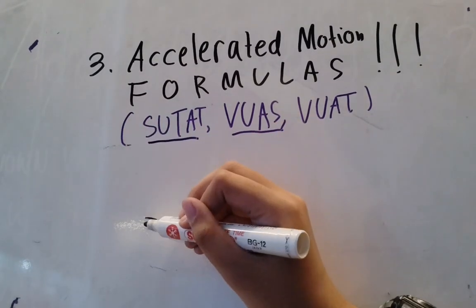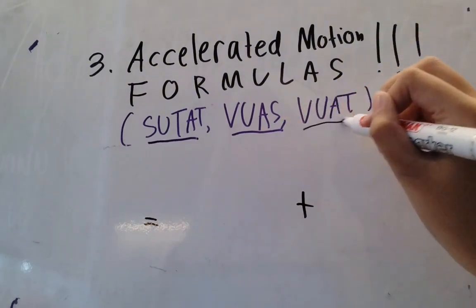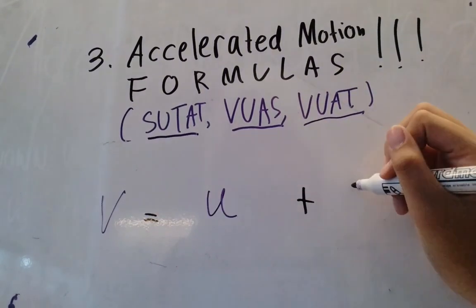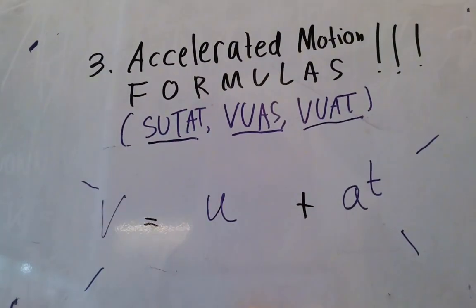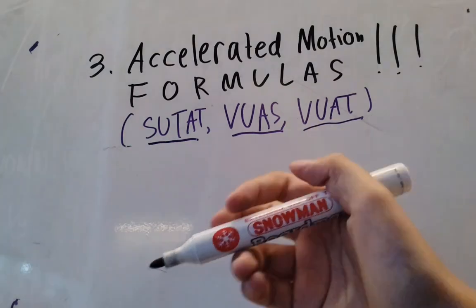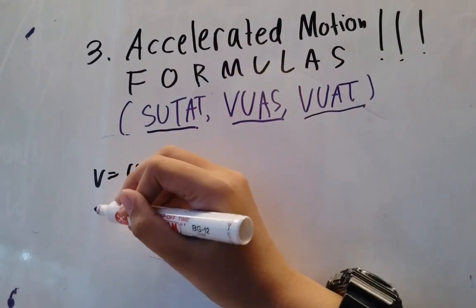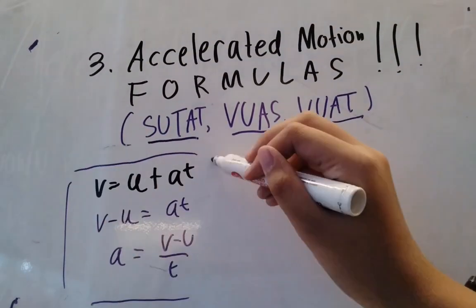It is simply final velocity equals the initial velocity added with the product of acceleration and time. Now, the acceleration formula is actually the derivation of this formula.